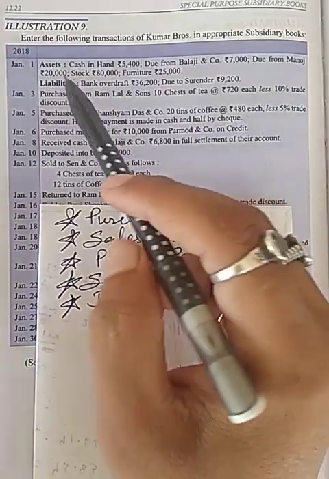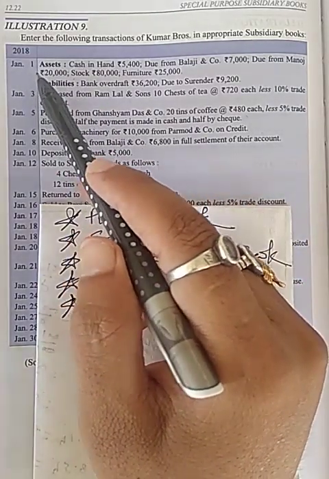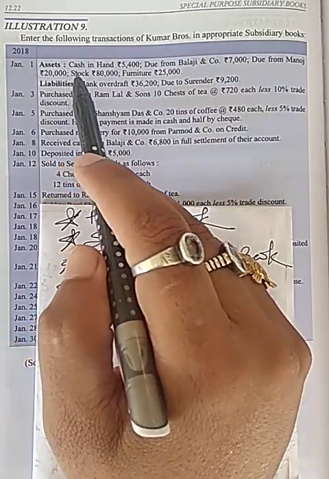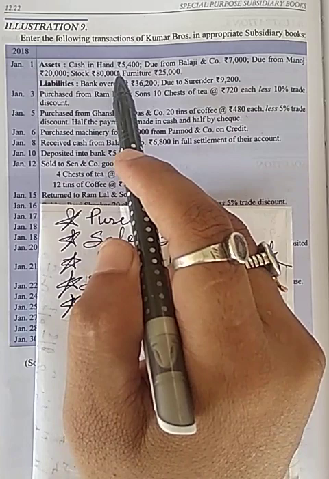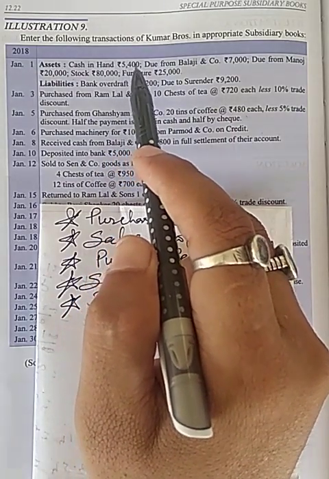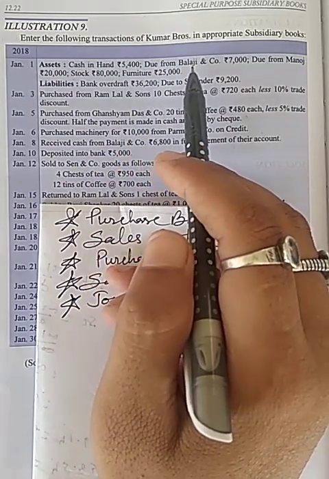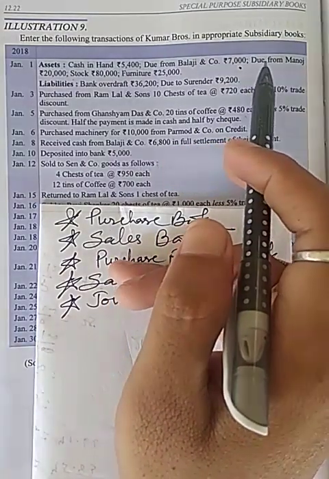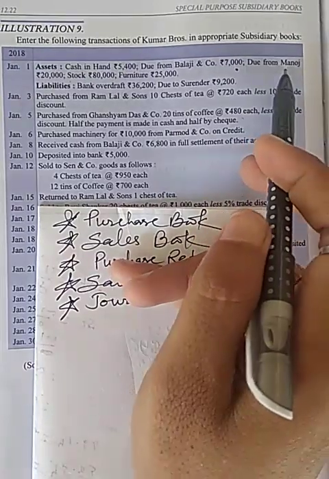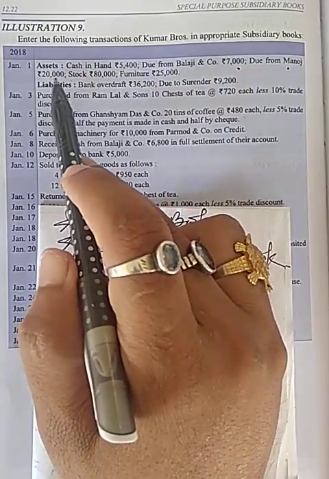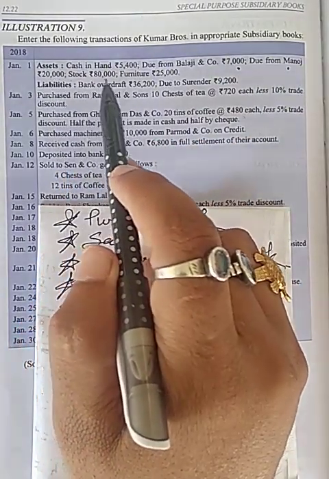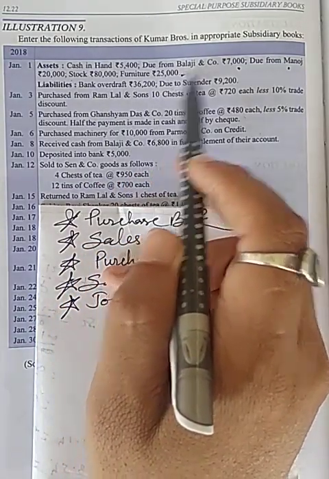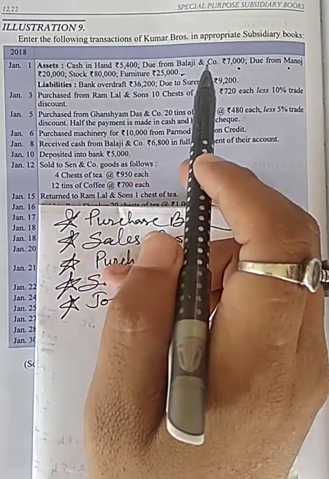For the first transaction, January 1st, assets: cash in hand 5,400, due from Balaji and company 7,000, due from Manoj rupees 20,000, stock 80,000, and furniture 25,000 is given on the asset side.